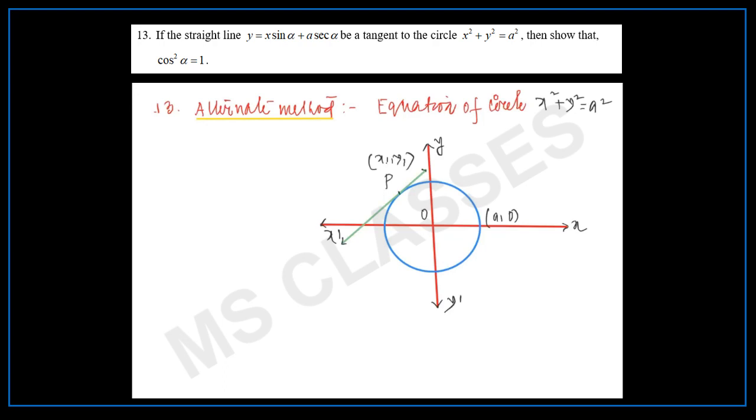Now in this method, we don't need the point of contact. Why? Because we will not differentiate. Here, what is the equation of the line?